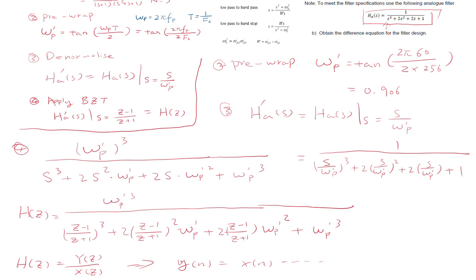So you can write the difference equation like this: Y z equals this whole H z thing, which is the whole big thing, multiplied with X z.